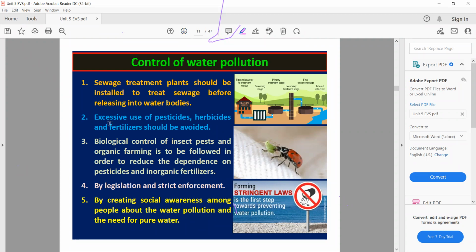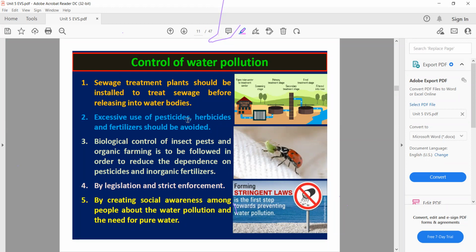Next, see, quickly we'll go through these. Sewage treatment. Sewage treatment plants should be installed to treat sewage before releasing it into water bodies. The sewage that is being released into the water body should be treated in the plants. We cannot do it manually, right?